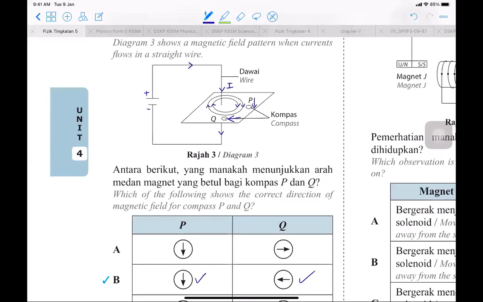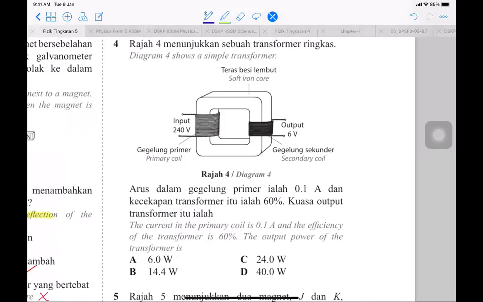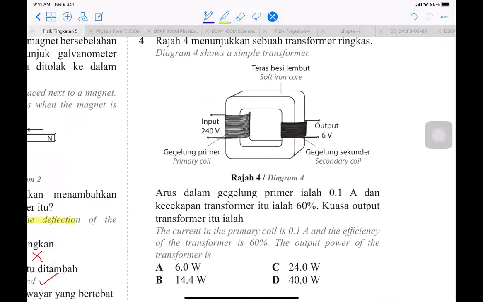Okay, next question. Number 4. Diagram 4 shows a simple transformer. The current in the primary coil is 0.1 ampere and the efficiency of the transformer is 60%.